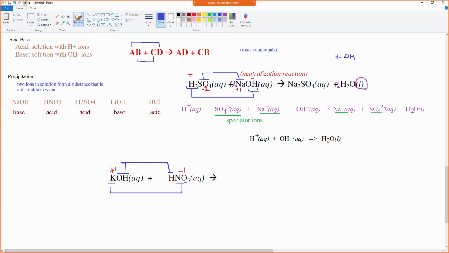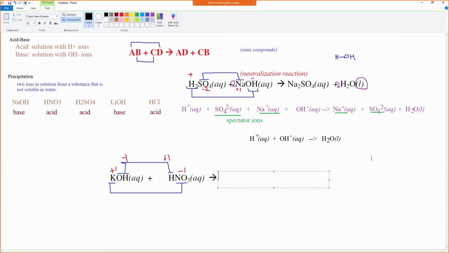And of course, you guys have memorized that hydroxide has a charge of -1 and the hydrogen has a charge of +1. That makes my life really easy, because then I can predict that I will form just KNO3 and HOH.